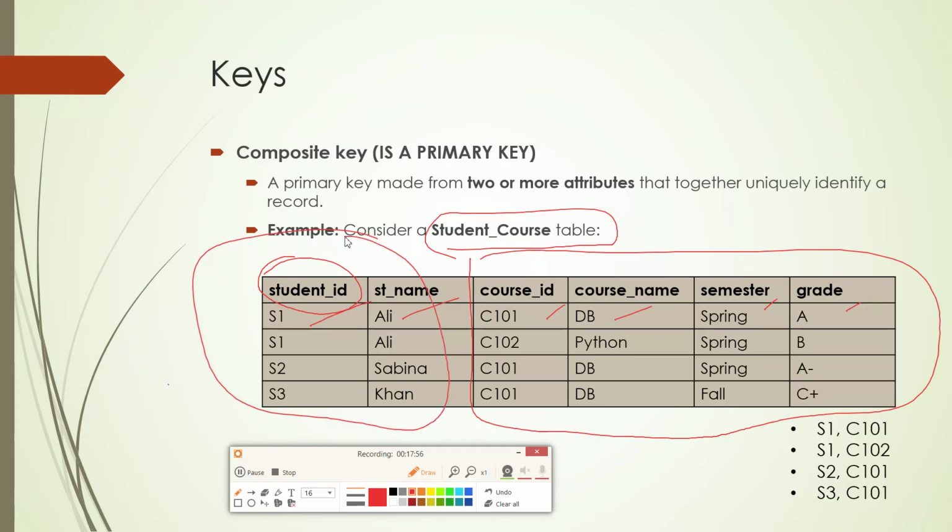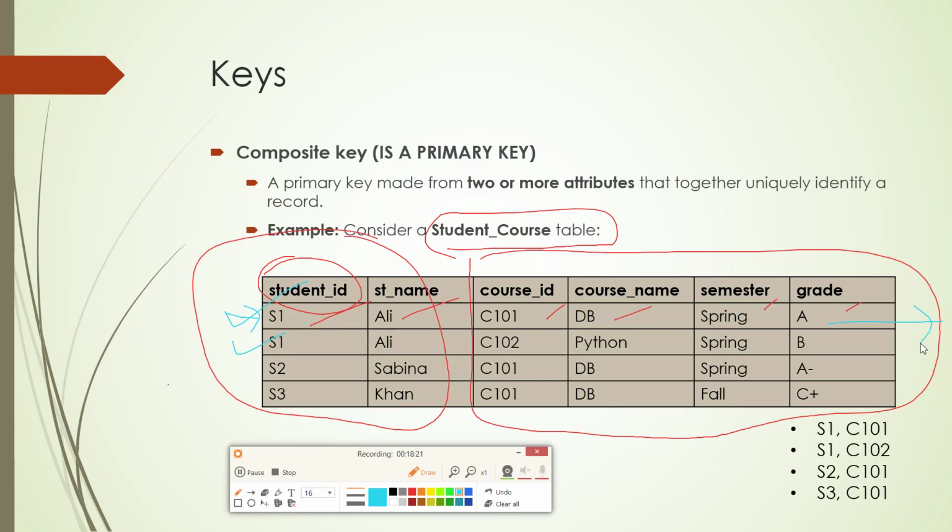Now if I use student ID as my primary key in this case, one student can have many courses, and one course could belong to many students. So see, the same student ID is repeated, so it cannot give me a unique record out of this table.